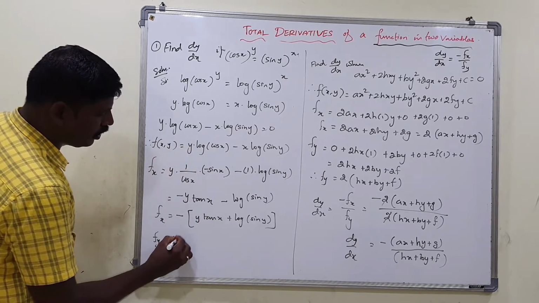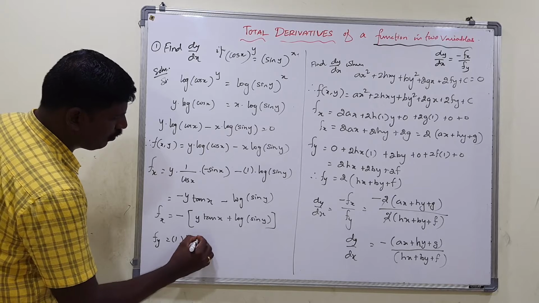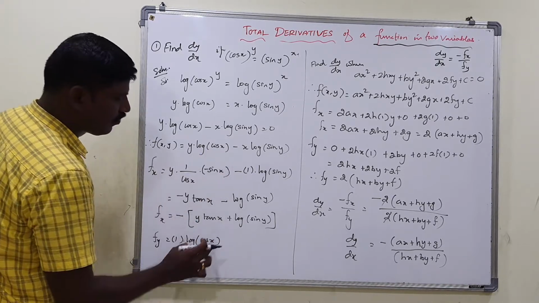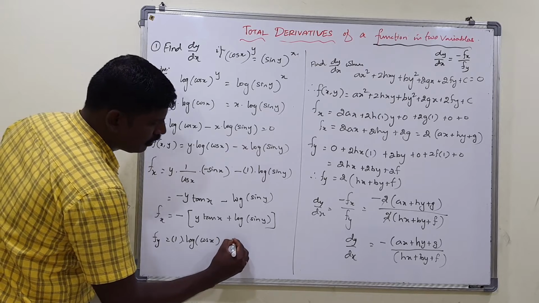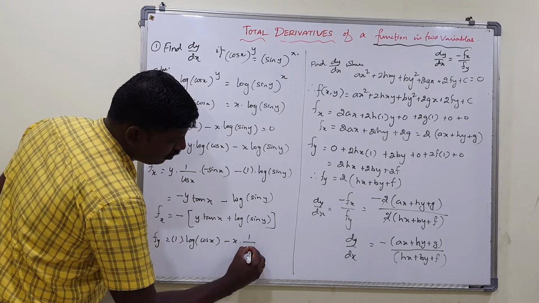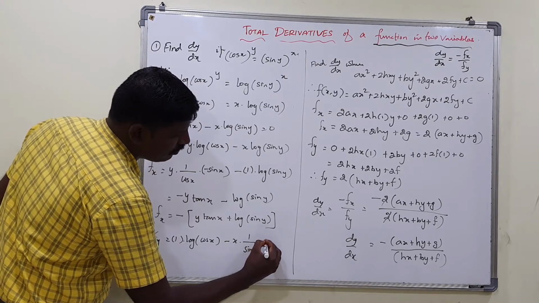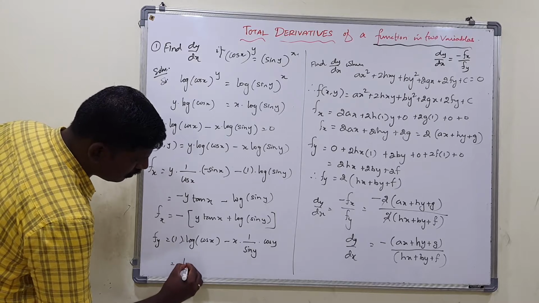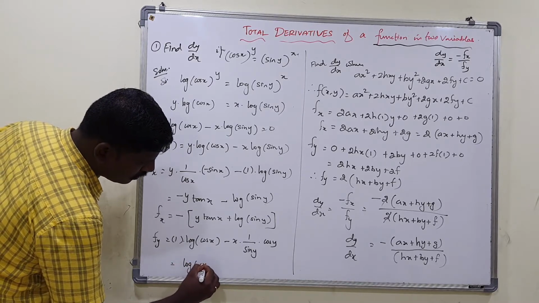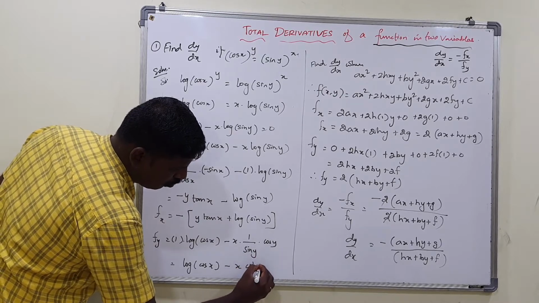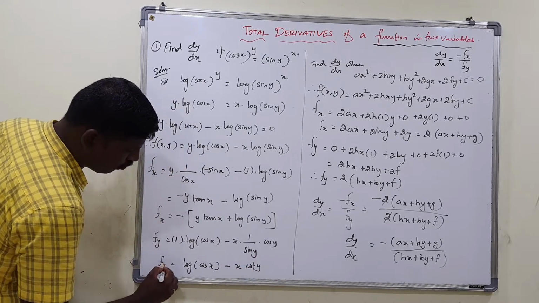So y here gives 1, since we are taking the derivative with respect to y. It is in a product, therefore we keep the other factor the same. Minus x into, what is the derivative of log sin y? 1 by sin y into the derivative of sin y, which is cos y. So this can be written as log of cos x minus x into cos y by sin y, it is cot y. This is the value of fy.